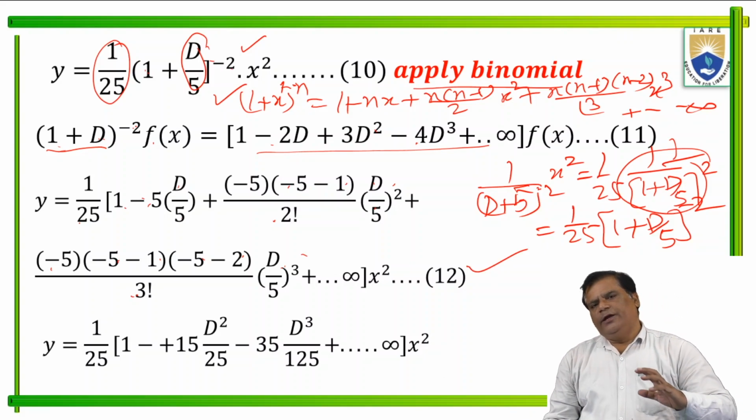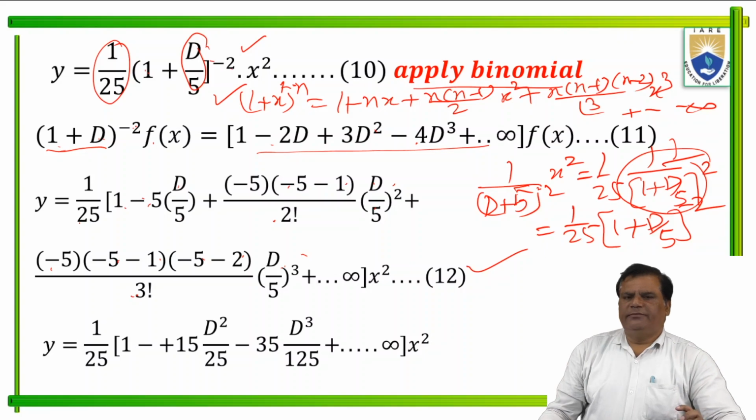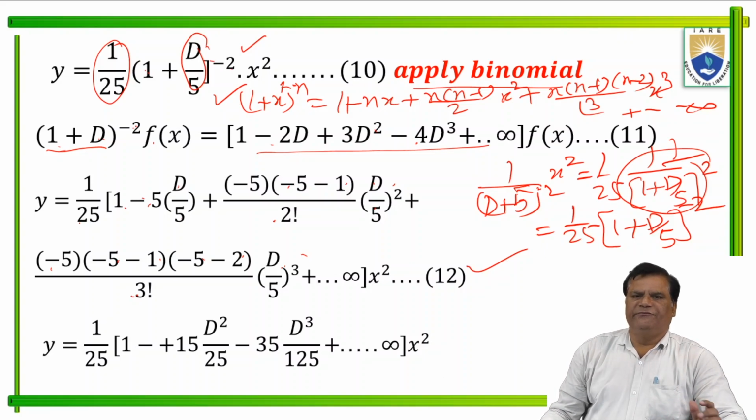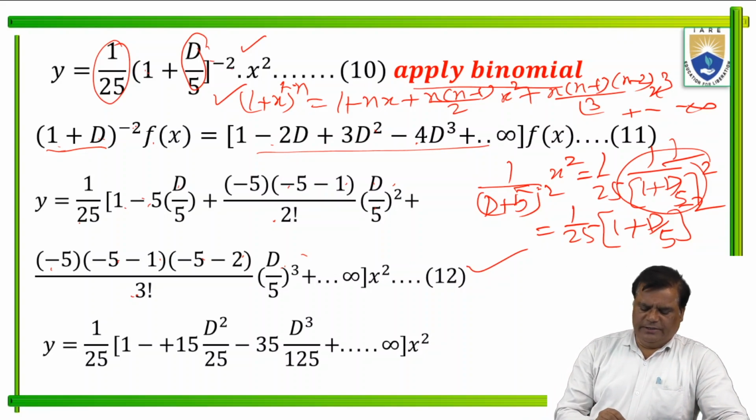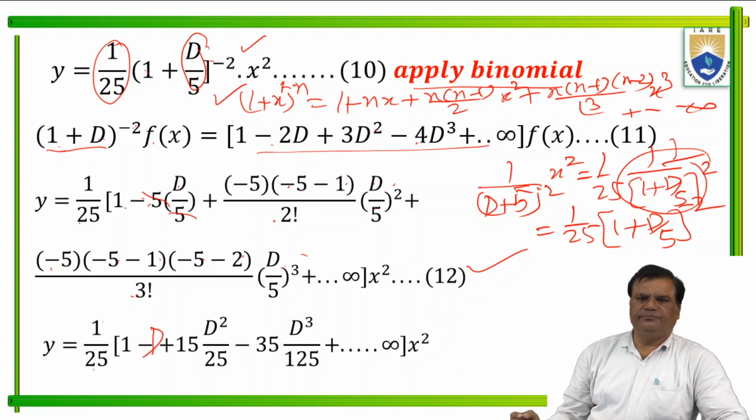If in binomial the power is negative, then the series opens up to infinity. So y equals 1 upon 25, first term is 1 minus, here 5 is cancelled, so here is only D, here is D.